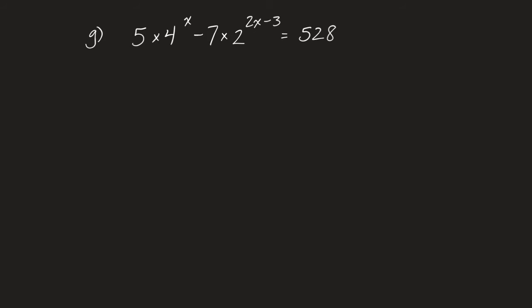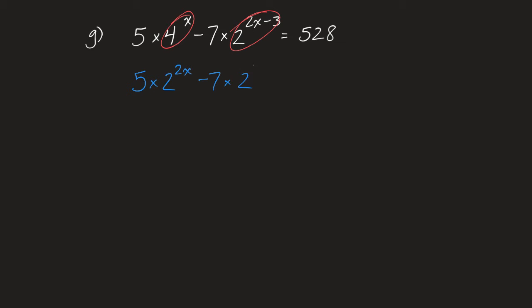Well, if we've gone through that entire decision-making process or strategy, then I think our key would be, can we make those powers of the same base? And pretty quickly, we see that we can write both of them as powers base 2. So I'm going to leave that 5 out in front, and I can change my 4 to the exponent x to be 2 to the exponent 2x.